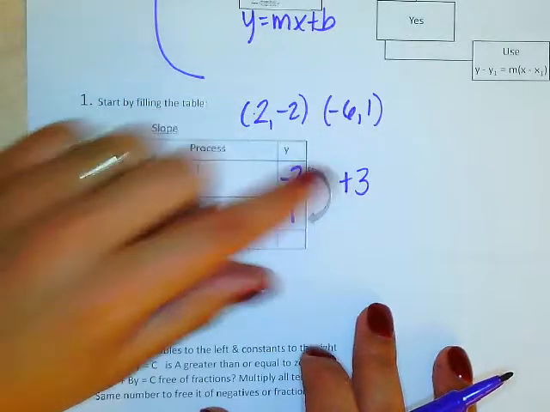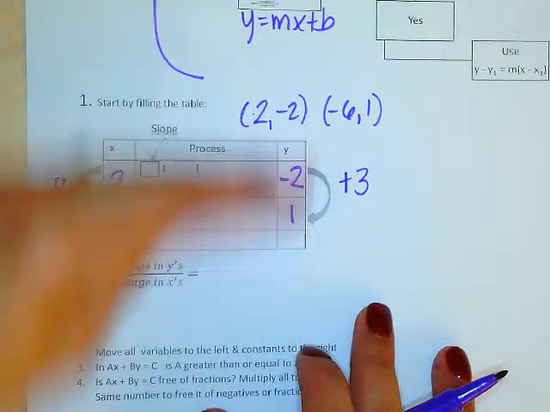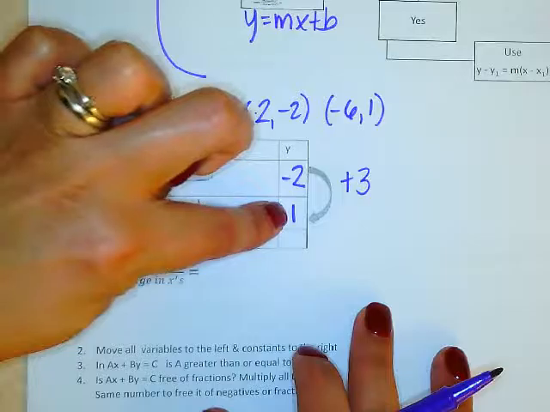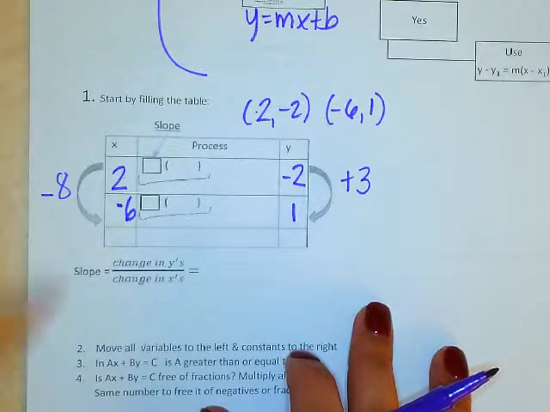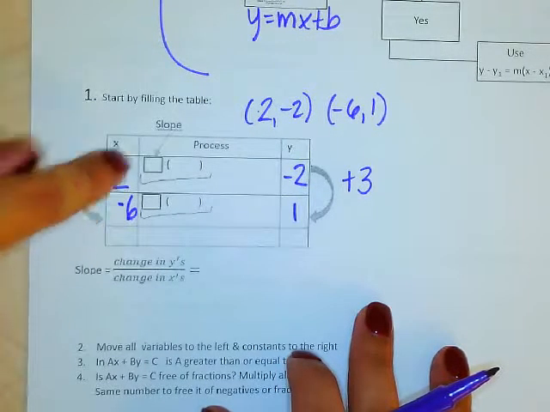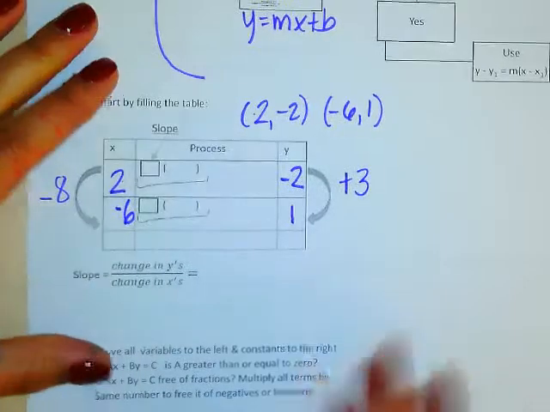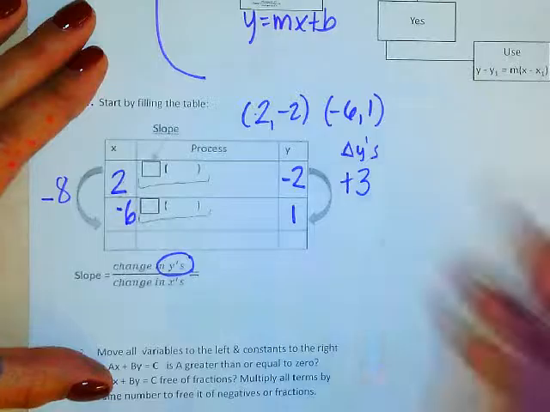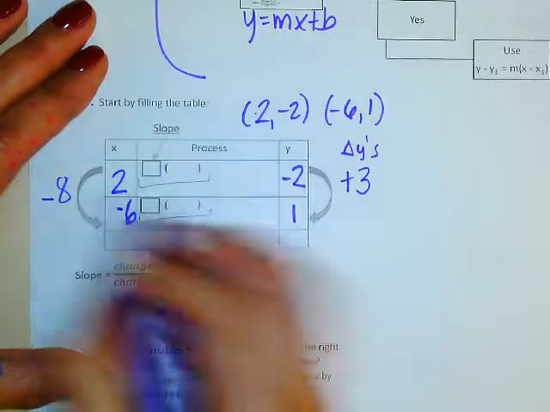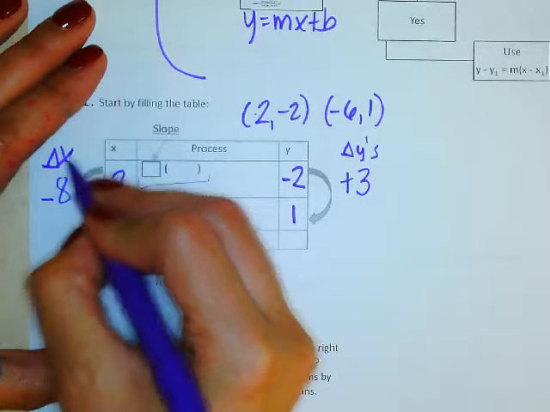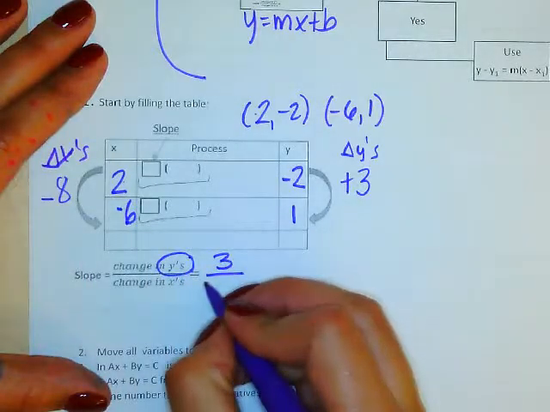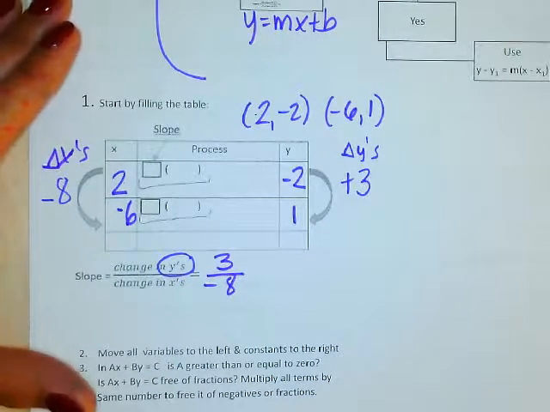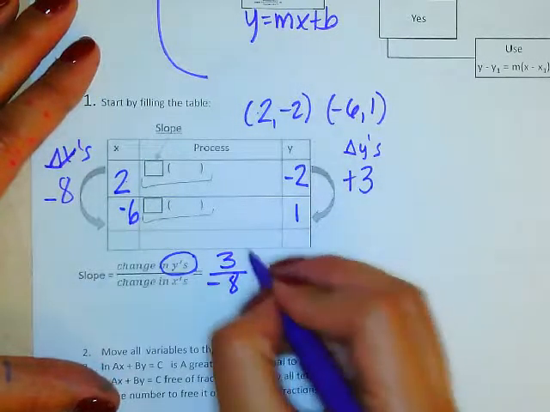If you can't do this in your head, you enter in the calculator from bottom to top. 1 minus -2 should give you +3. -6 minus 2 should give you -8. Your slope then, change in y's is +3, and change in x's is -8. So that's your slope.